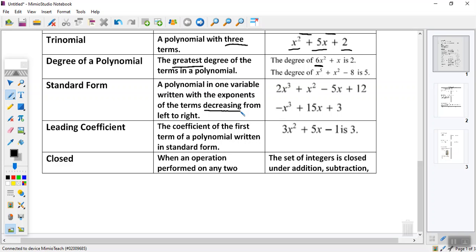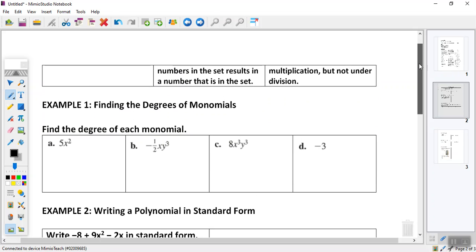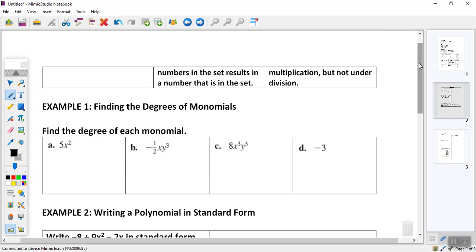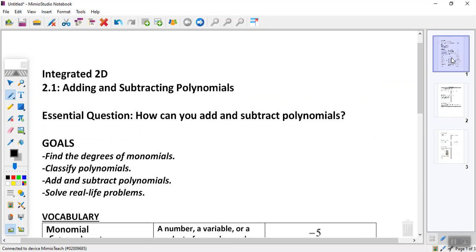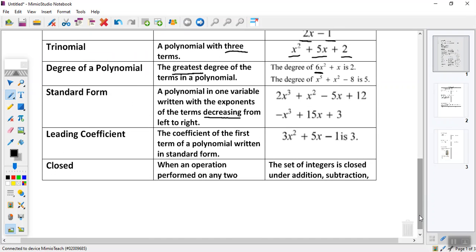And then the last term there: closed. It says when an operation performed on any 2 numbers in the set results in a number that is in the set. So the example they say is addition. The set of integers is closed under what?